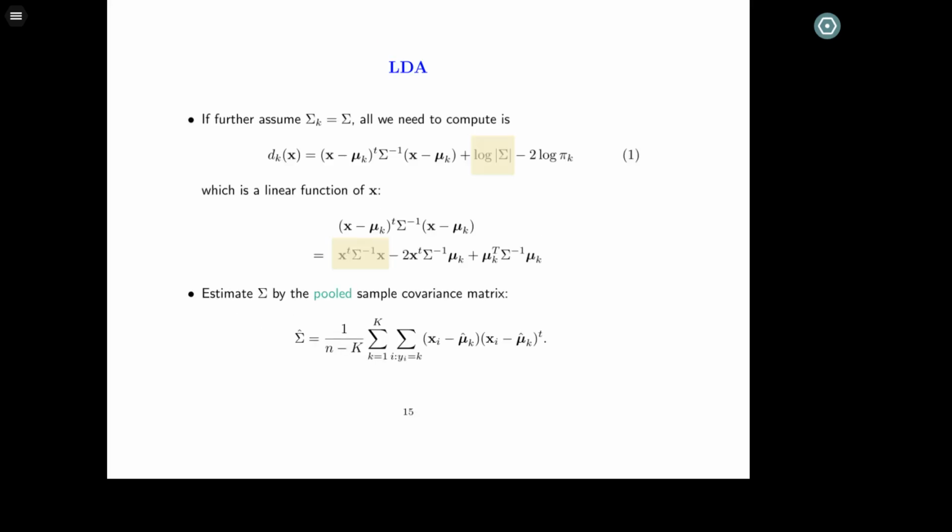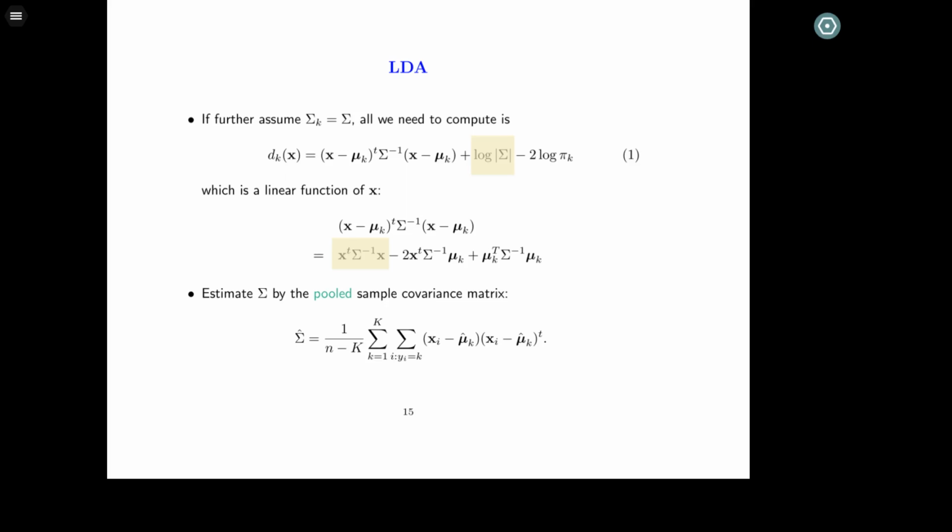If we further require all the covariance matrices to be the same, equal to sigma, then you can go back to look at the calculation for the decision function. First, we don't need to compute the log determinant of sigma, because that's the same for all k.